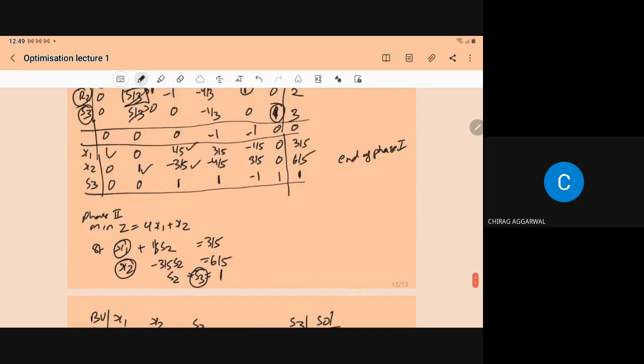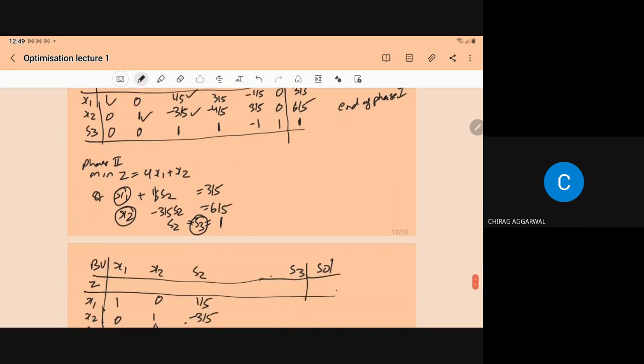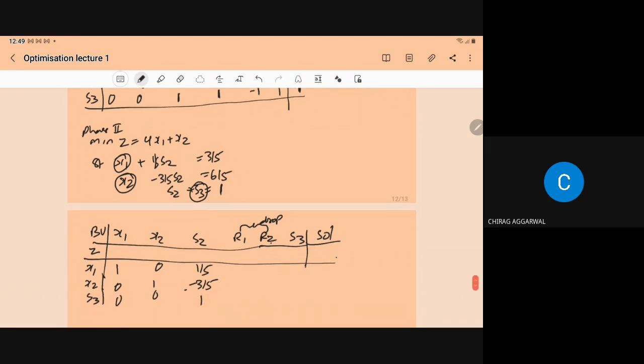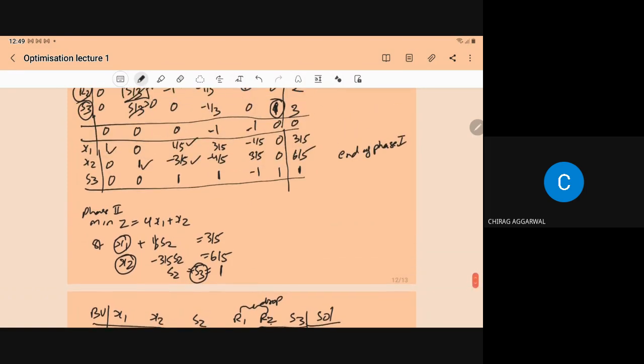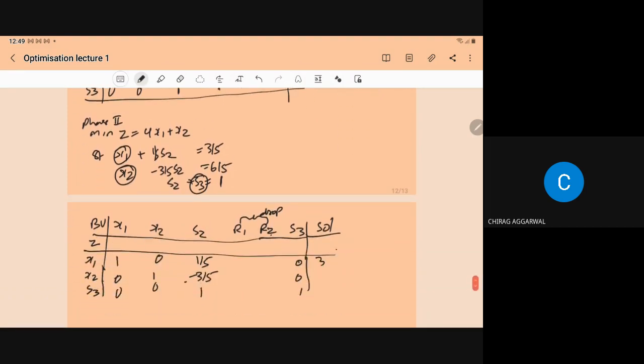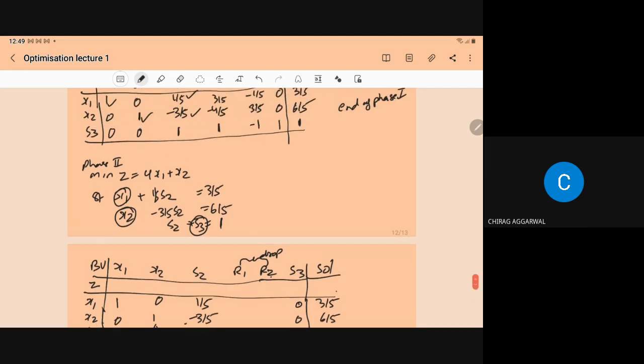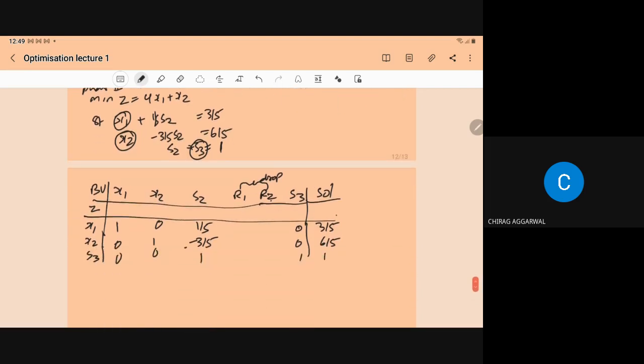Then drop the columns of r1 and r2. And s3 will be 0, 0, 1, and the right hand side is 3 by 5, 6 by 5, and 1. And here we have the z.